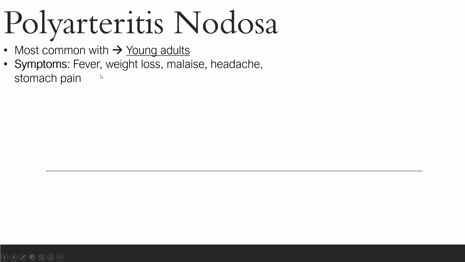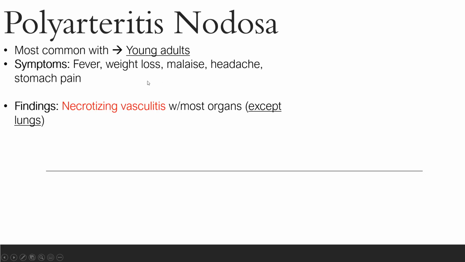And again, non-specific symptoms, it's kind of hard to tell with just those. And so more specific findings, it's a necrotizing vasculitis, usually with most organs like the kidney, but very important, it doesn't affect the lungs or the pulmonary arteries and veins.